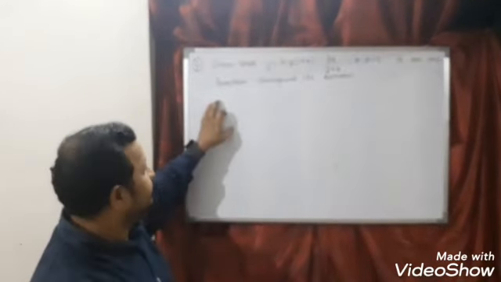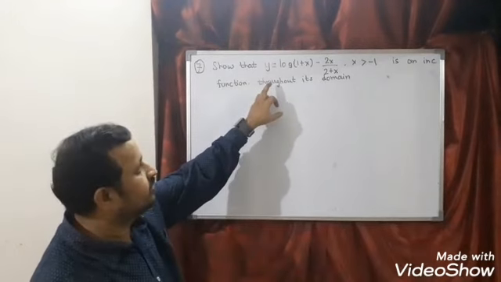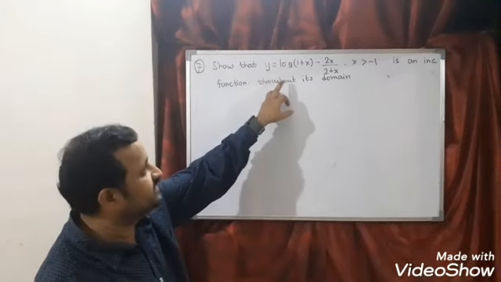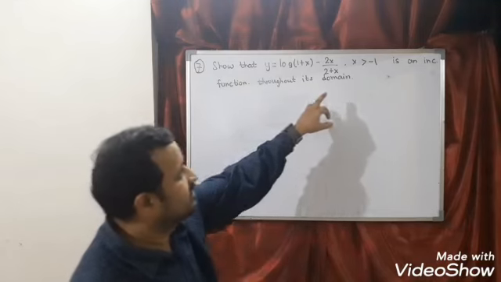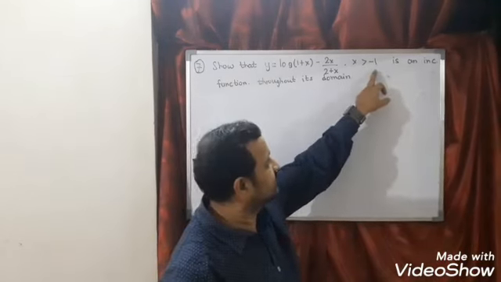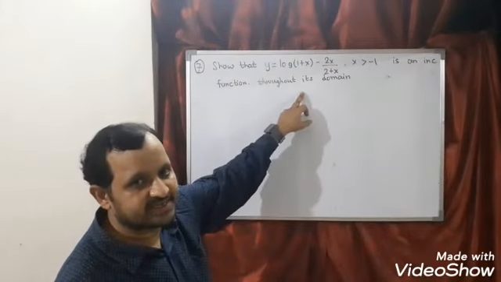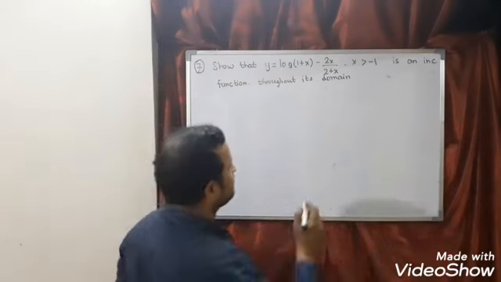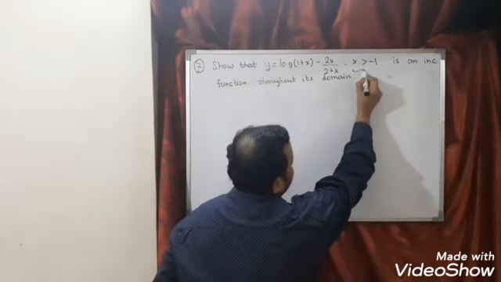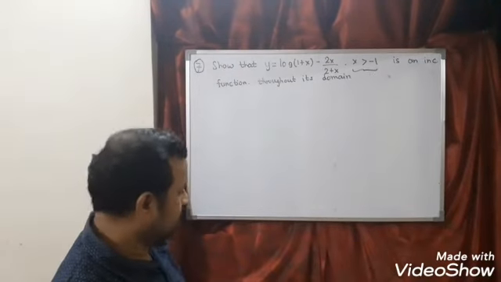The next question is question number 7. Show that y is equal to log(1 plus x) minus 2x by (2 plus x), when x is greater than minus 1, is an increasing function throughout its domain. So we have to show that it is an increasing function in the interval when x is greater than minus 1.